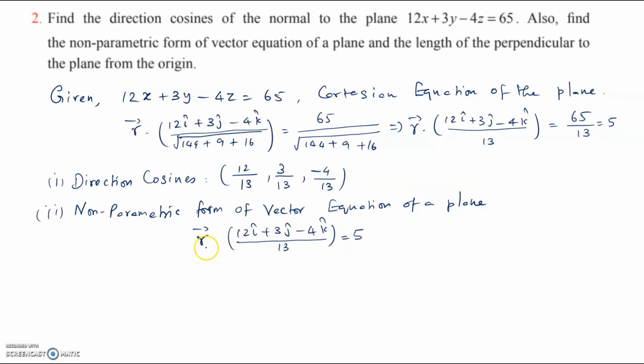As this is in the form of r vector dot product with d cap is equal to 5, our 5 is the distance of the plane from the origin.